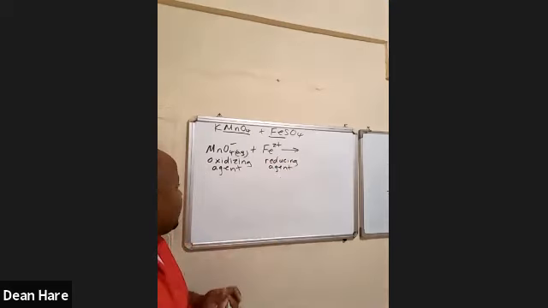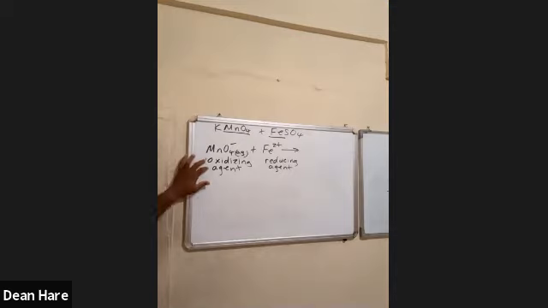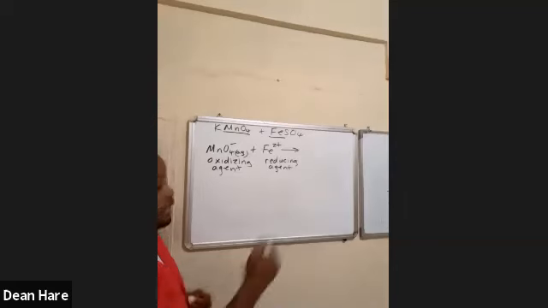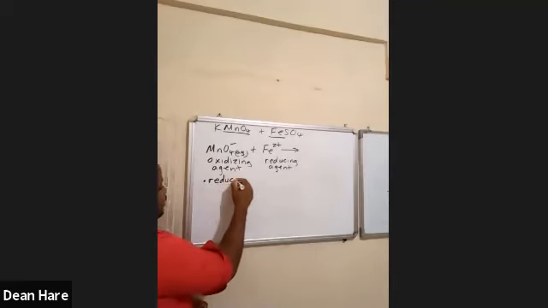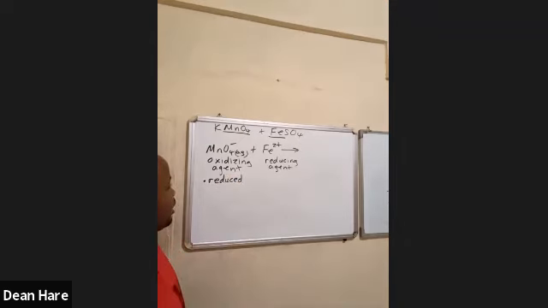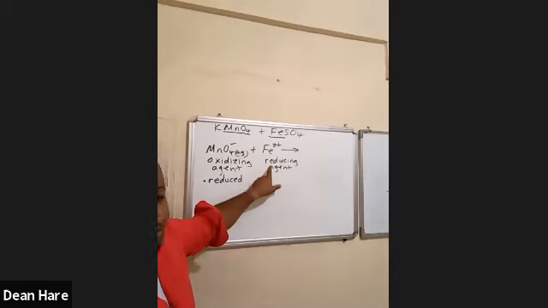Now, what happens to the oxidizing agent in a redox reaction? It causes another element to be oxidized, and itself, it will be reduced. So that means at the end of the reaction, the permanganate ion should be reduced. What should happen to Fe2+ since it is the reducing agent? Oxidized.